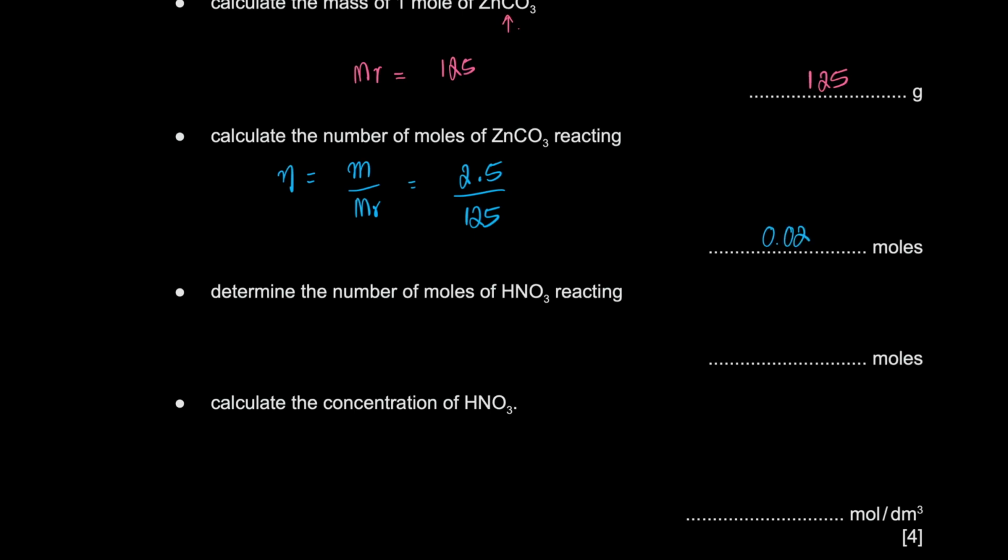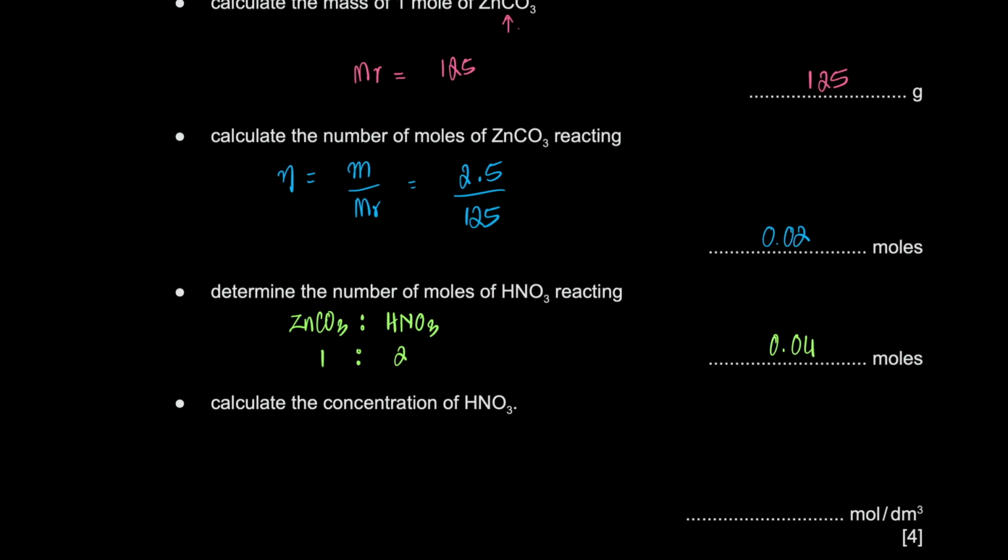Determine the number of moles of HNO3 reacting. The ratio between zinc carbonate and HNO3 was 1 to 2. So this should be 0.04. Pretty easy, I think.